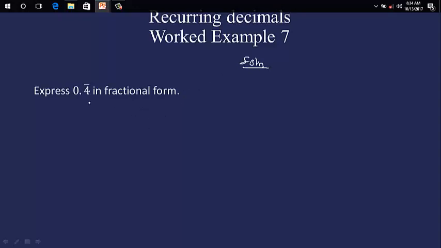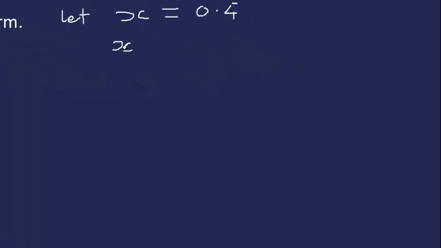What we need to do is to take care of the repeating pattern. So if you let x be equal to 0.4 recurring, we can write this as x is equal to 0.444 recurring.